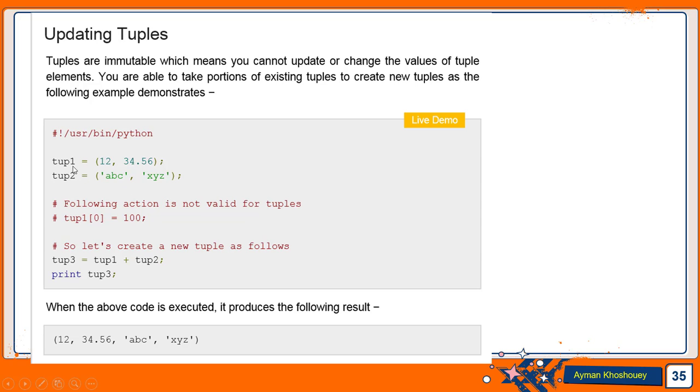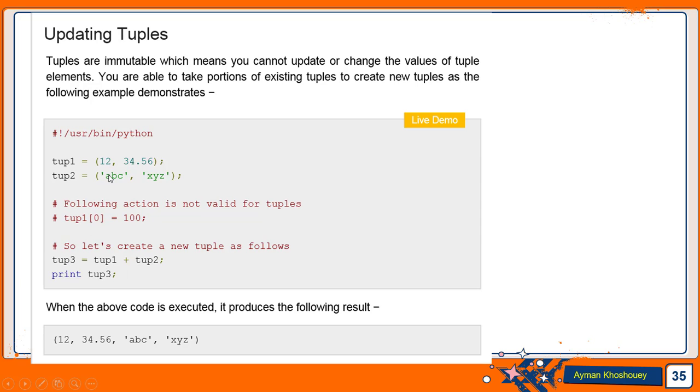If you have another tuple with these data items, you can add the two tuples into a new tuple. Tuple 3 equals tuple 1 plus tuple 2.